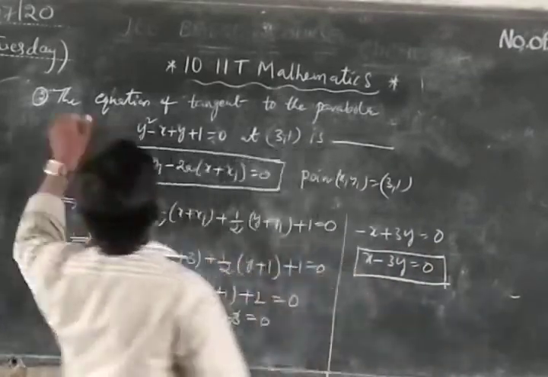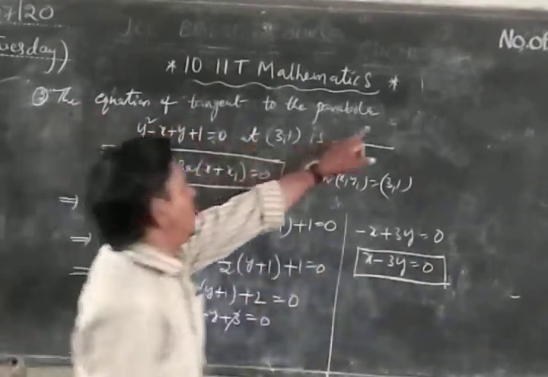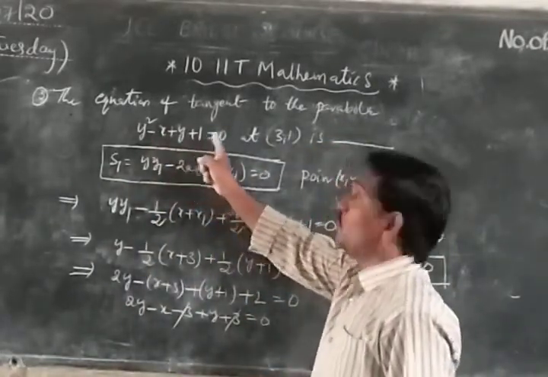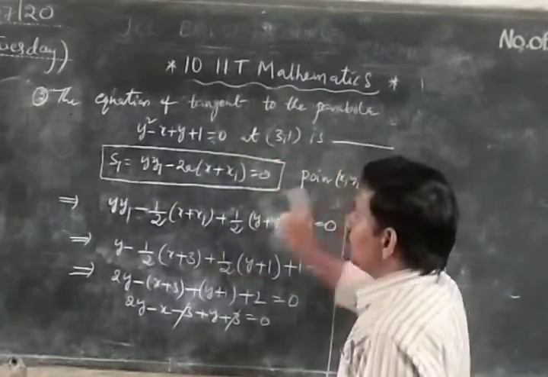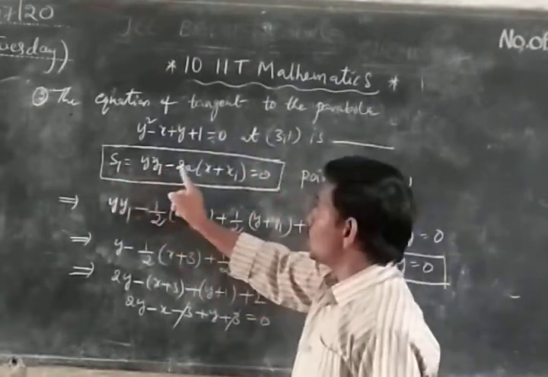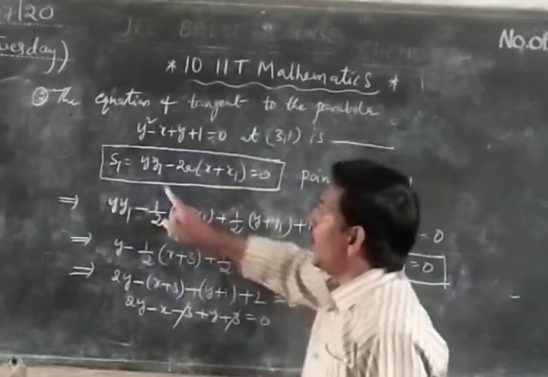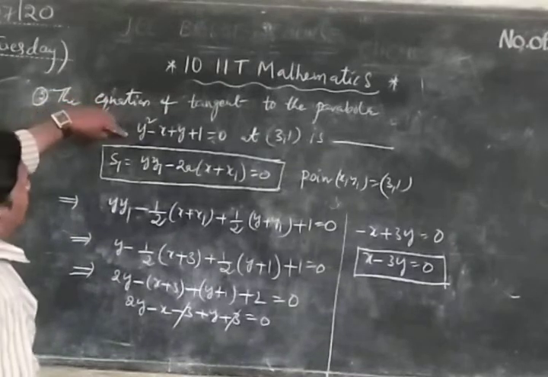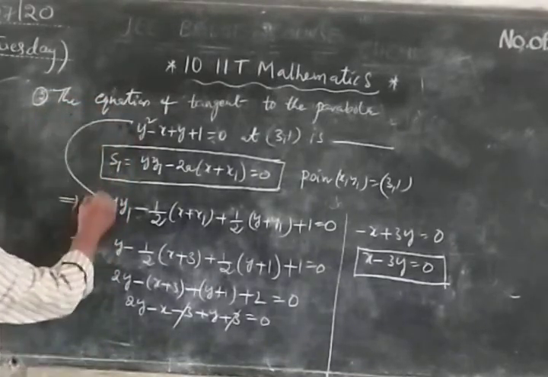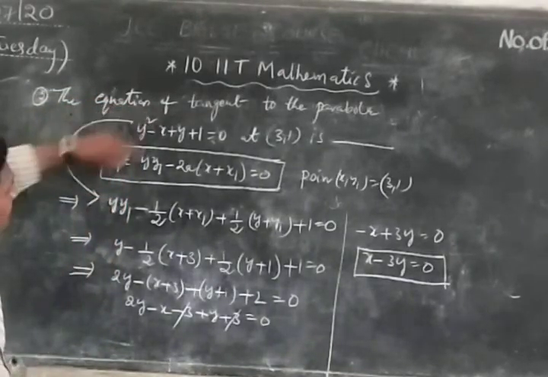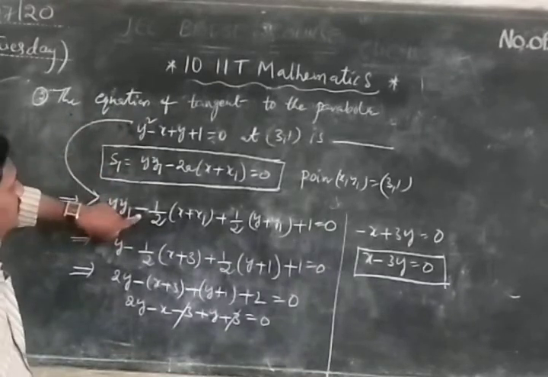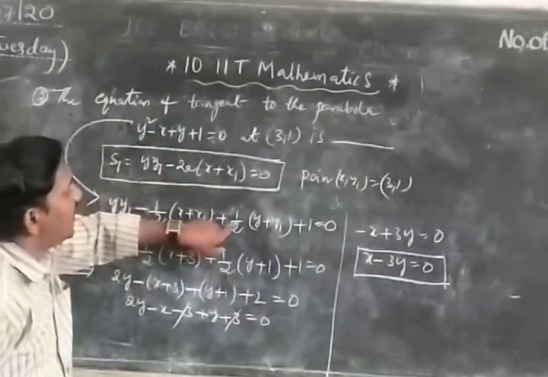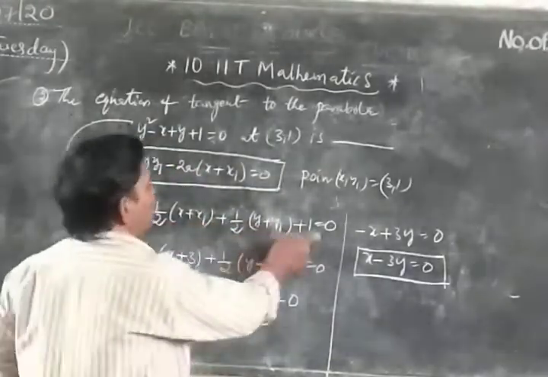Okay, look at the equation of the tangent to the parabola y square minus x plus y plus 1 equal to 0 at 3 comma 1. S1 is y y1 minus 2a into x plus x1 equal to 0. It is the given line. Y square means y y1, minus 1 by 2 into x plus x1, plus 1 by 2 into y plus y1, plus 1.